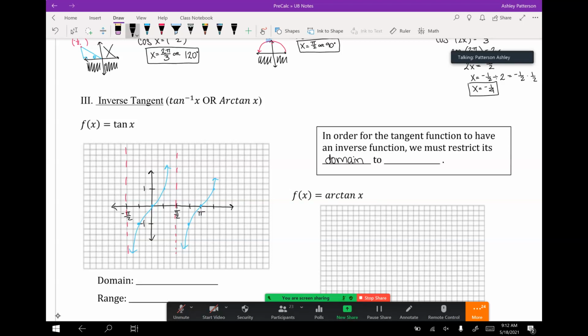And we're going to restrict it to be between negative pi over 2 and pi over 2. But notice, this one is not equal to. Tangent is undefined at pi over 2, so it's just less than. This is the only one where the restrictions are not equal to because the function's undefined.